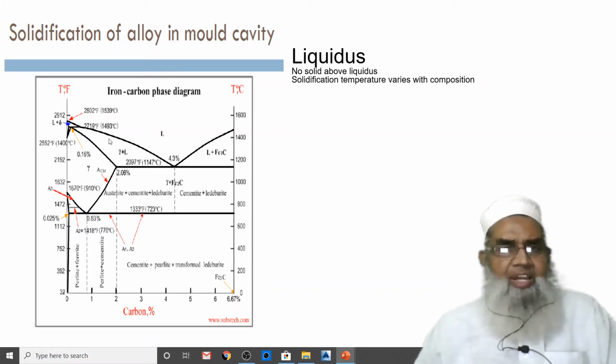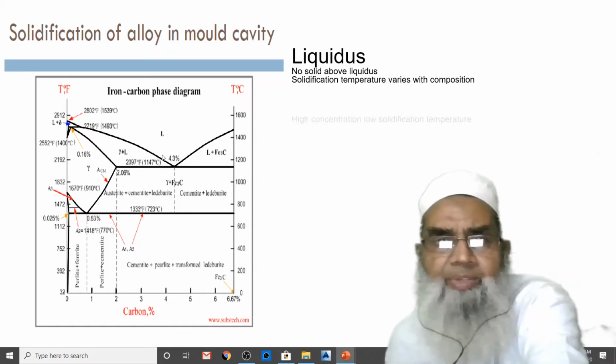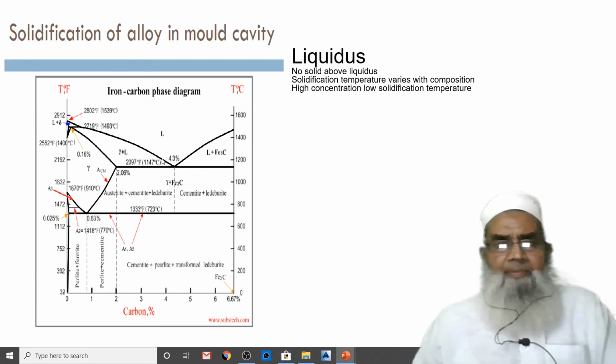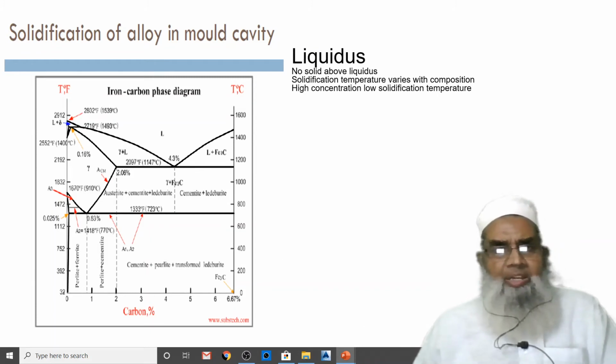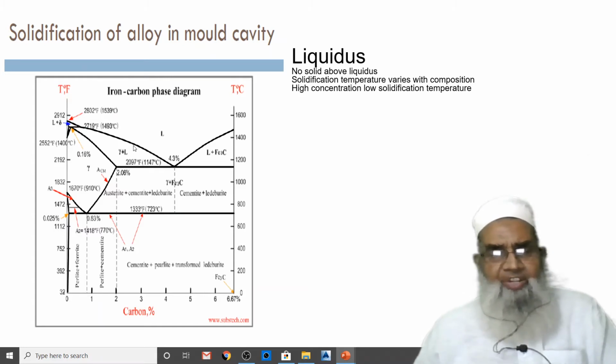They have a range of solidification temperature, and moreover, the solidification temperature goes down when we increase concentration.